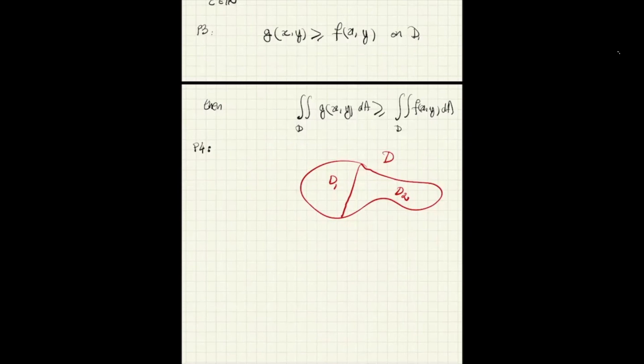All right. So the property is, if D is equal to D1 union D2, right, with D1 intersection D2 being some line, or I'm just going to call it a line, then you can integrate.